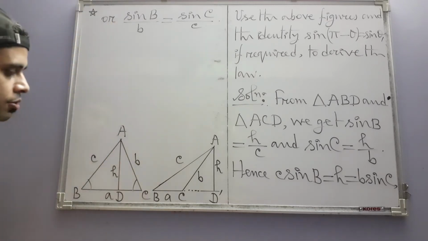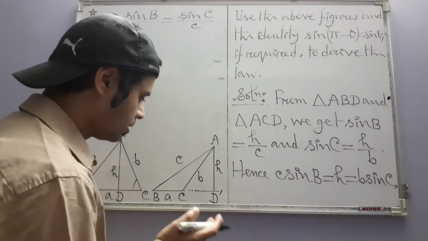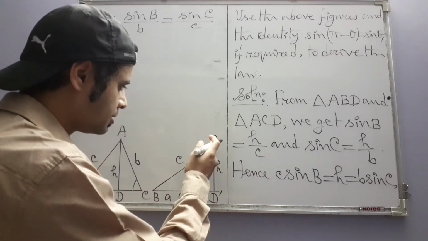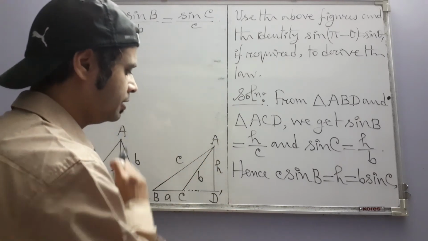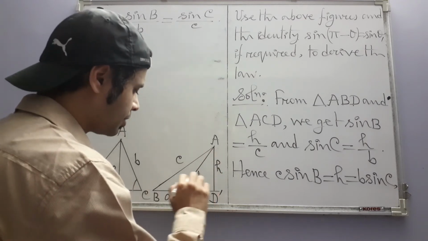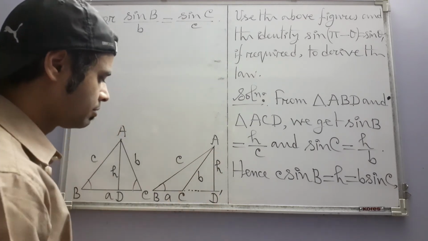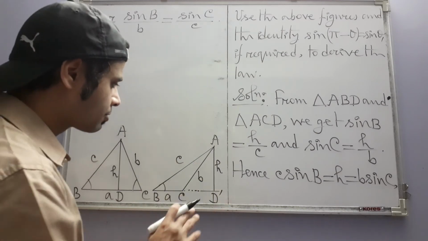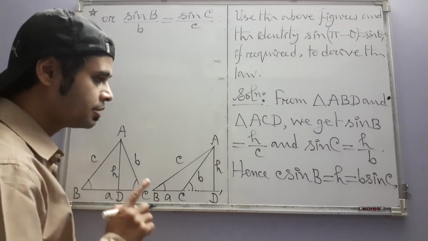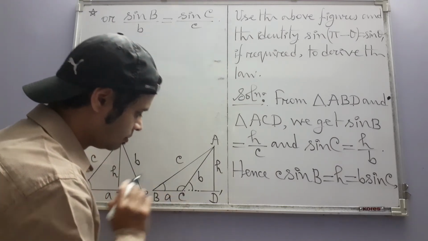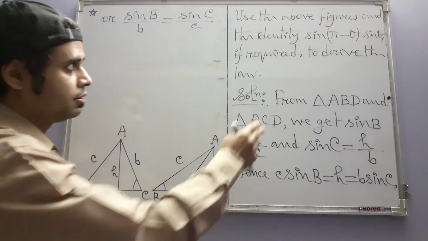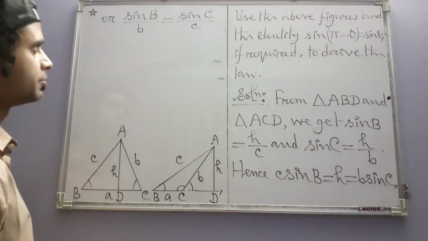So now we are going to look at again two right angle triangles, but this time the names are going to be similar, ABD prime and ACD prime. So that when we are considering ABD prime, we of course are considering the angle B, but when we are considering ACD prime, we are actually considering this angle, which is really not C, this is C, but this then is pi minus C, and that's why this has been mentioned.